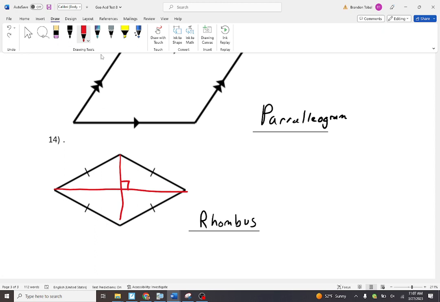If I put letters here, that AC equals DB, that's diagonals being equal. What would that tell me about what shape it is? No, it's a rectangle.